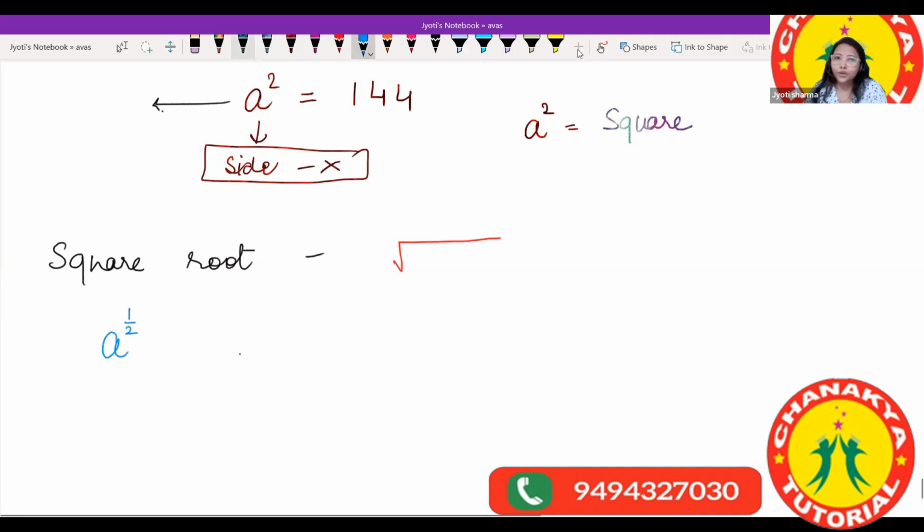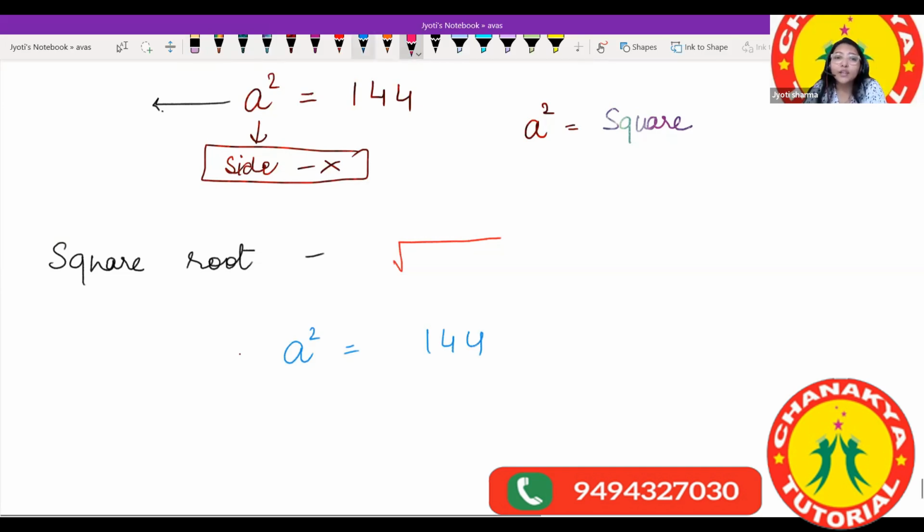Do you know this thing, kids? No, ma'am. All right, let's understand. You have learned exponential powers? That's great. So, our a square is equal to 144. I cannot find this a square. I cannot do anything right now.